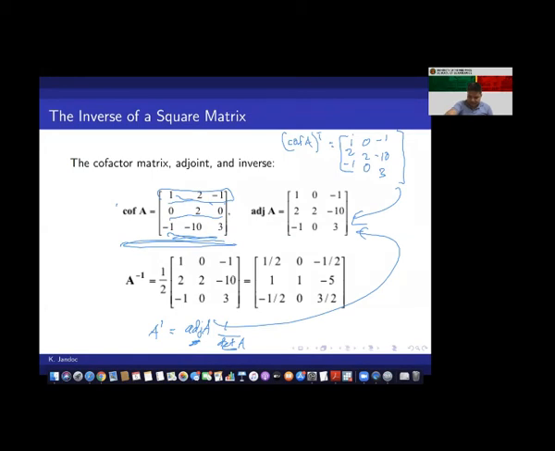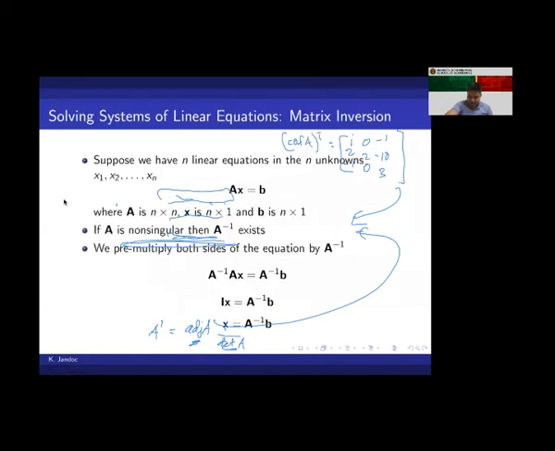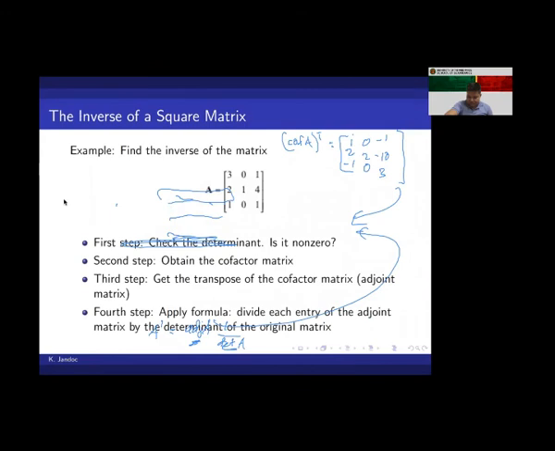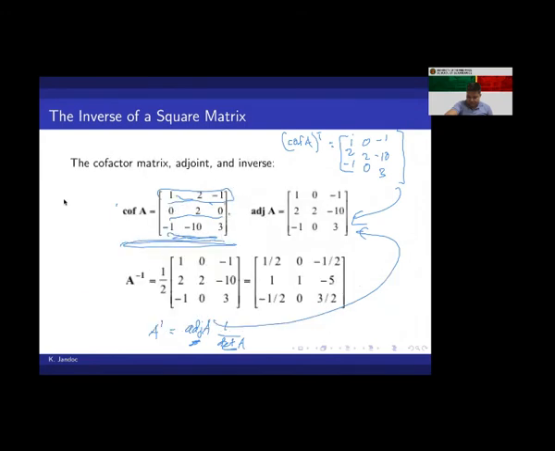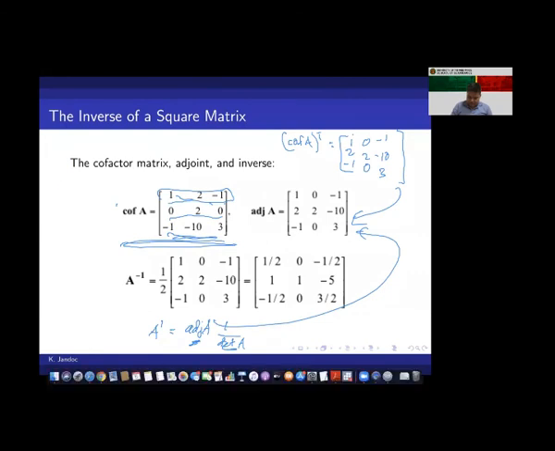What again is matrix A? I forgot. A is 3, 0, 1, 2, 1, 4, 1, 0, 1. How do you get the determinant of A again? Let's take the first row, 3, 0, 1, and multiply each entry by its cofactor.